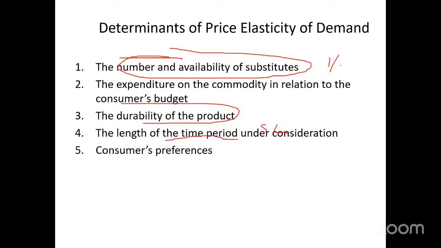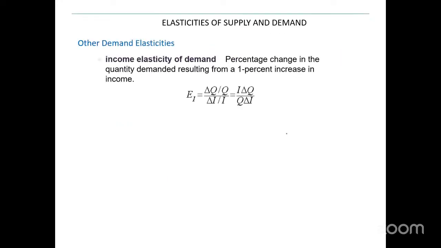Budget-wise, when you see a tax increase, the treasury people have to measure the elasticity, short term and long run, to see the impact of tax policy changes and government expenditure changes. The other one is consumer preference, of course.